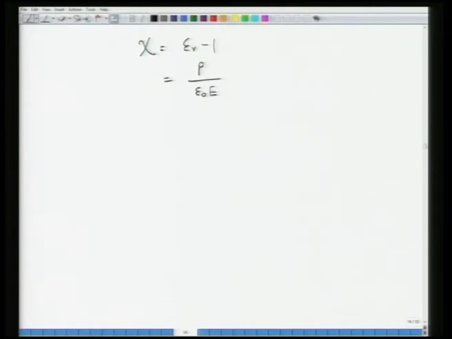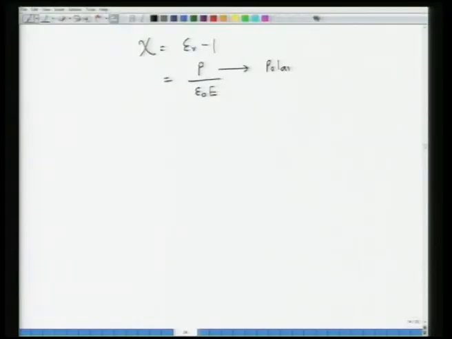It is nothing but the ratio of the polarized charge, or the excess charge, divided by the surface charge in a vacuum capacitor.